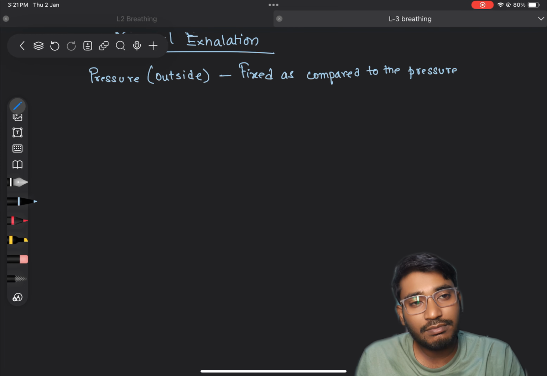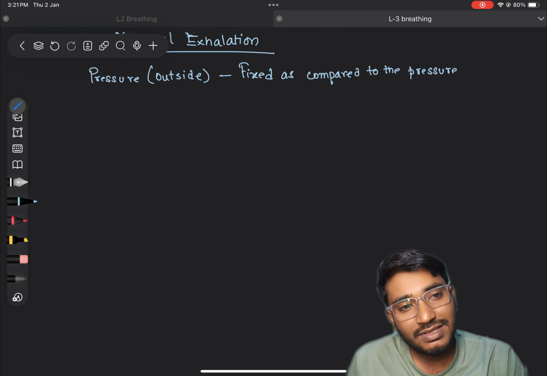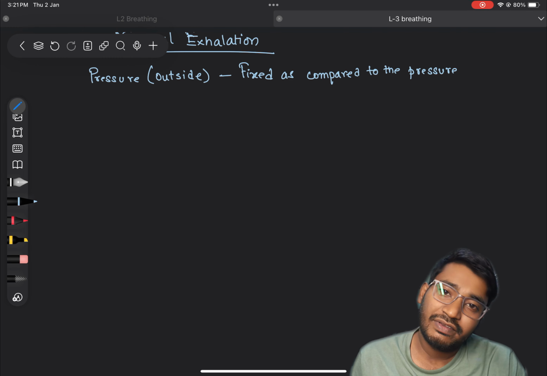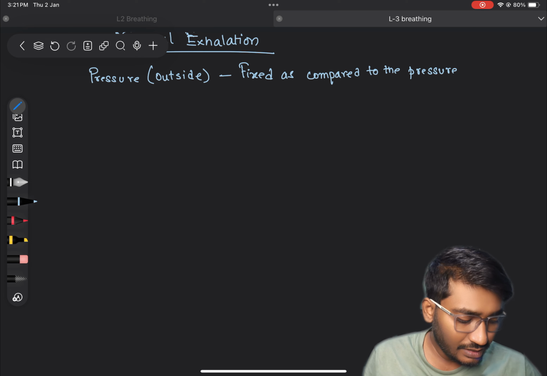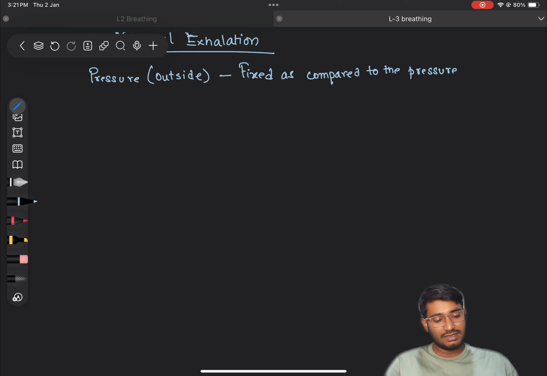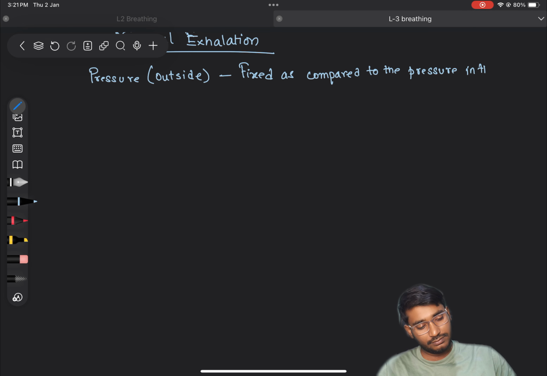Thoracic chamber में जो प्रेशर है उसके हिसाब से जो बाहर का प्रेशर है वो फिक्स्ड है. ठीक है, pressure is fixed as compared to the pressure in the thoracic chamber.